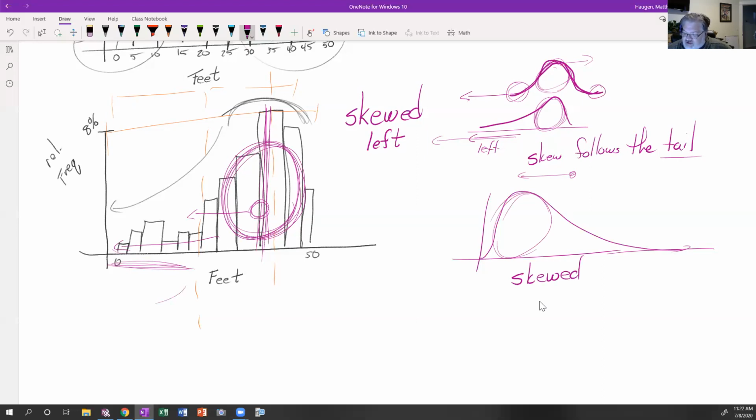This is skewed where this tail is going. Again, because really what we're talking about when we're talking about skew is our mean average being pulled that way. So it is skewed towards the right in this case.